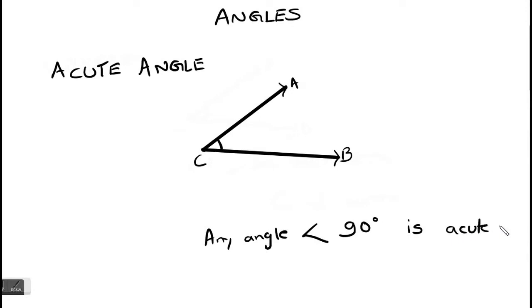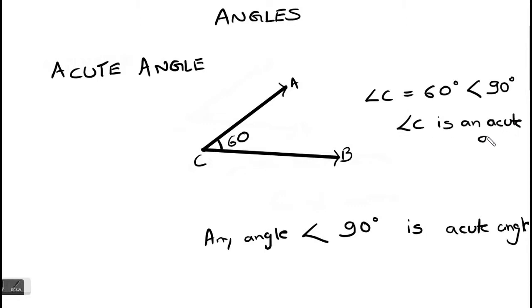Let's say this angle is 60 degree, so we can say that angle C is equal to 60 degrees, and since this 60 degree is less than 90 degree, we can say that angle C is an acute angle.